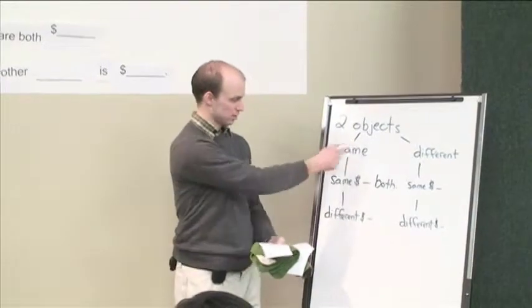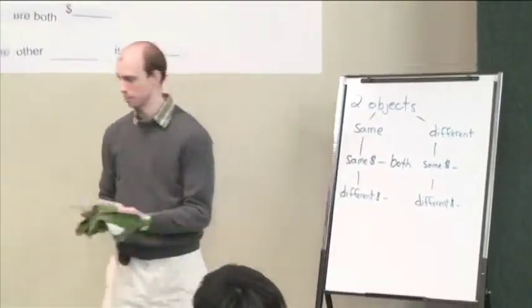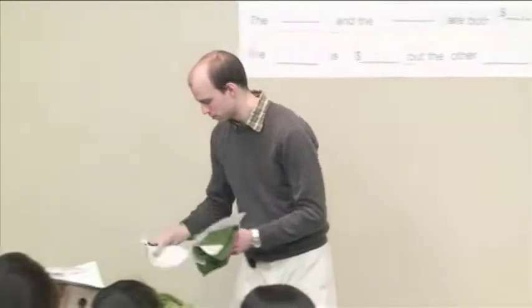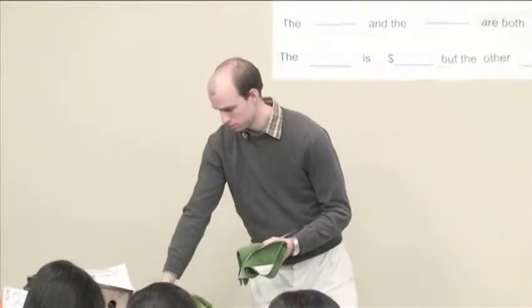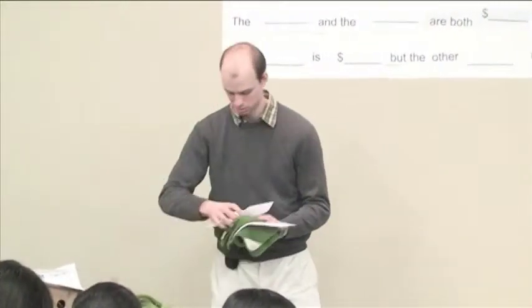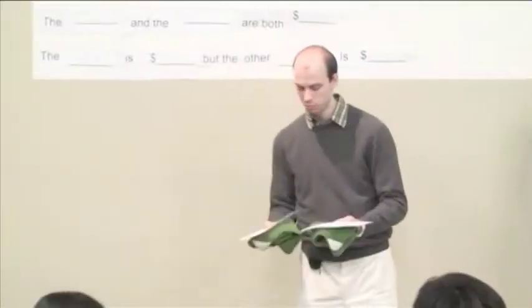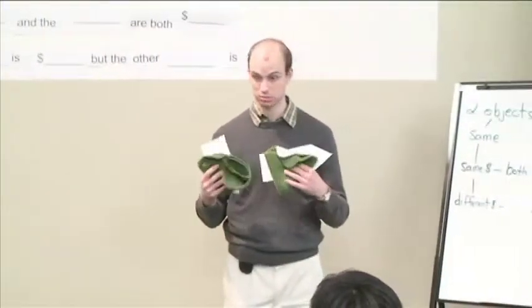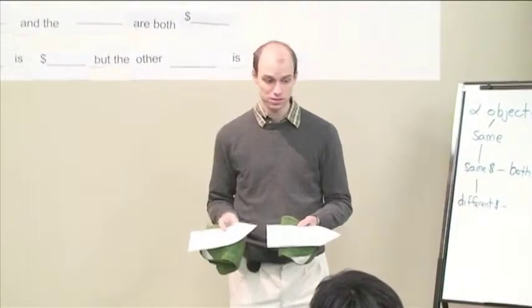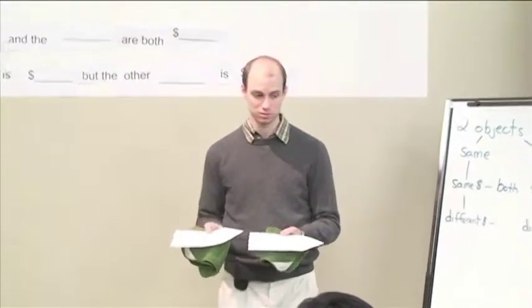Now, if it's the same object but a different price, let's pull the price off of this one here. Now what would you say? Same object, right? Different price. What word do we use?